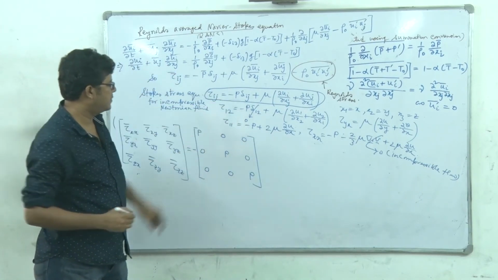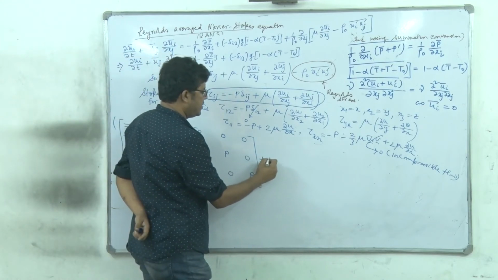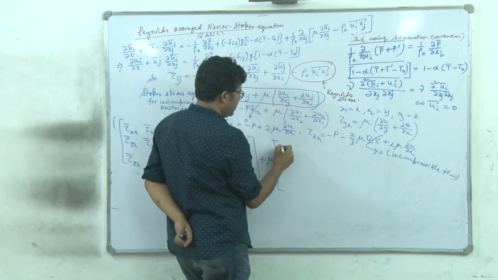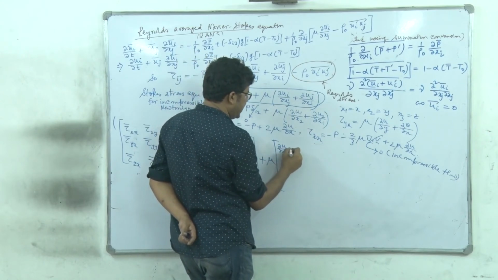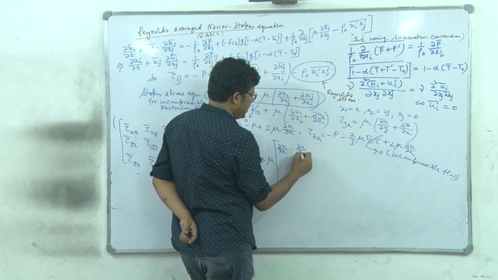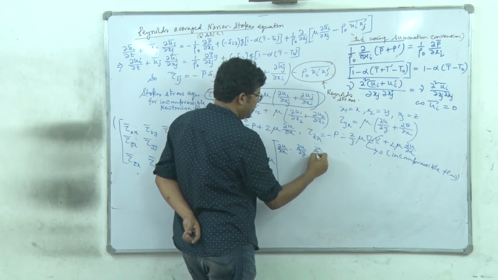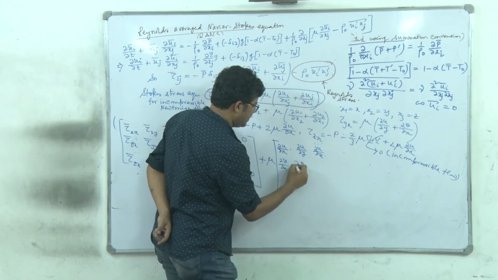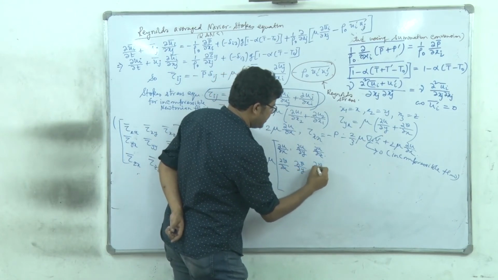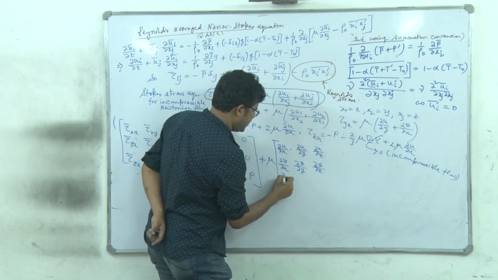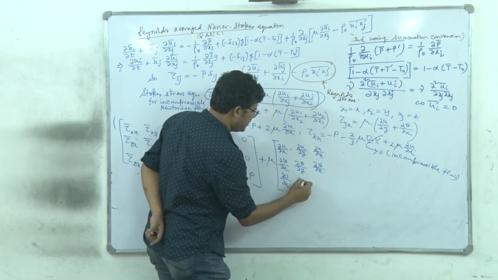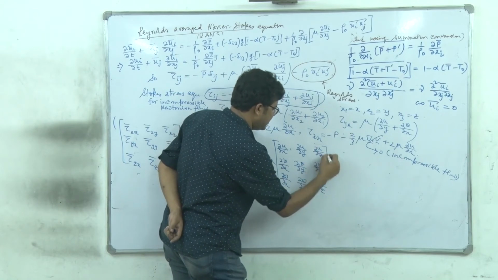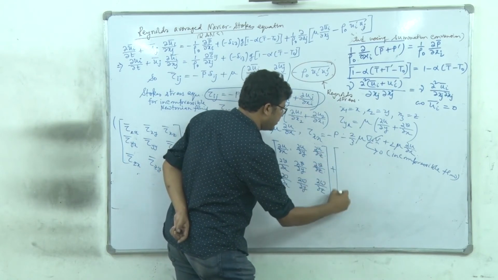Okay, this stands for this, plus mu into this del U del X, del U del Y, del U del Z, del V del X, del V del Y, del V del Z, del W del X, del W del Y, del W del Z, plus the transpose of this.